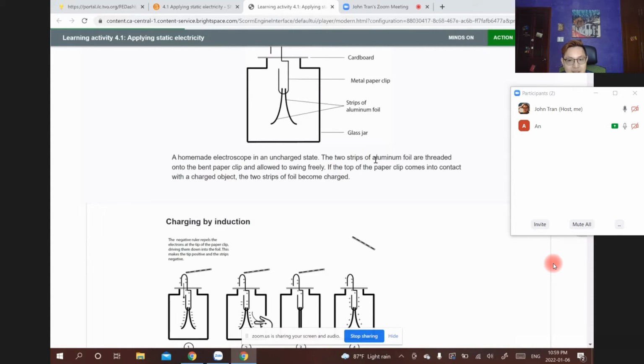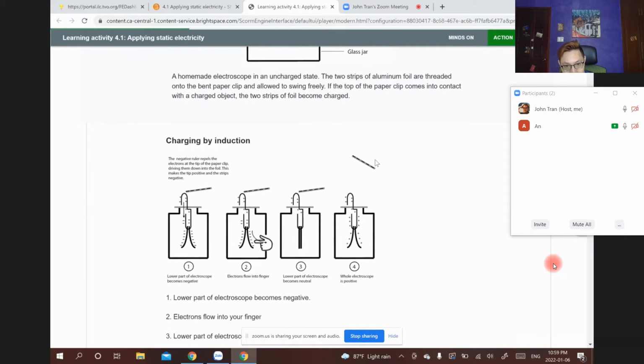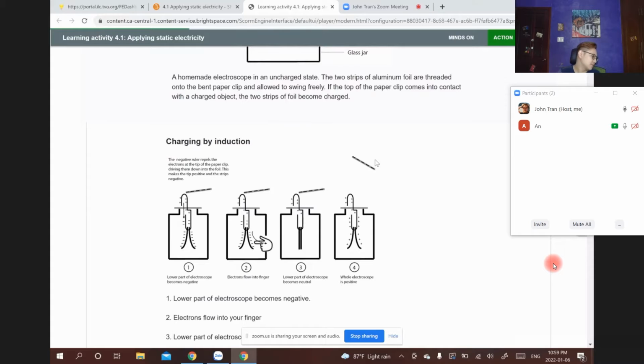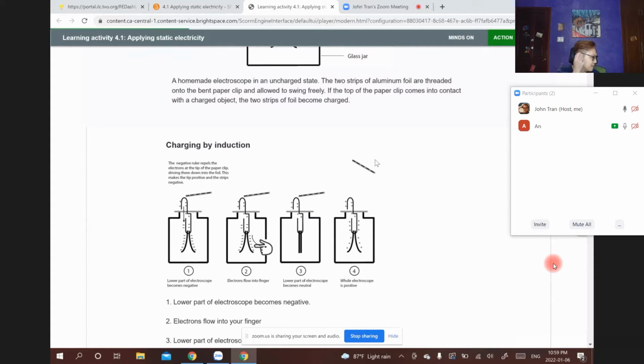If the top of the paper clip comes into contact with a charged object, the two strips of foil become charged too. So it's like you're transmitting it, moving it to something else. Interesting.